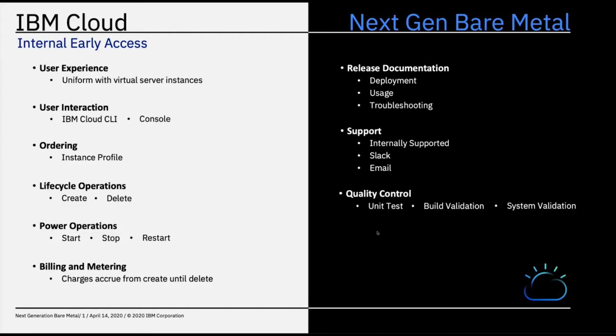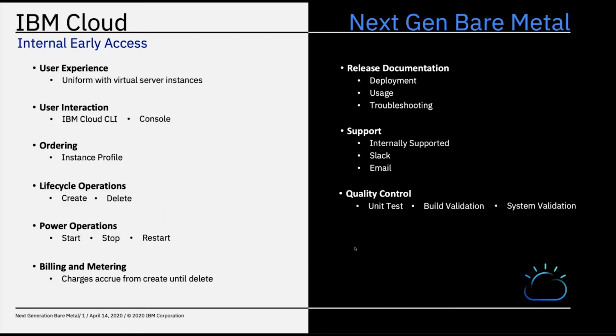We've done quality control testing ourselves as well for all of the repositories that we've modified throughout the IBM Cloud's next-gen ecosystem, and for our repositories that we've created in support of the product. We've done full unit testing. We have the correct percentage of code coverage, done build validation testing and system validation testing. So it's a pretty great accomplishment.